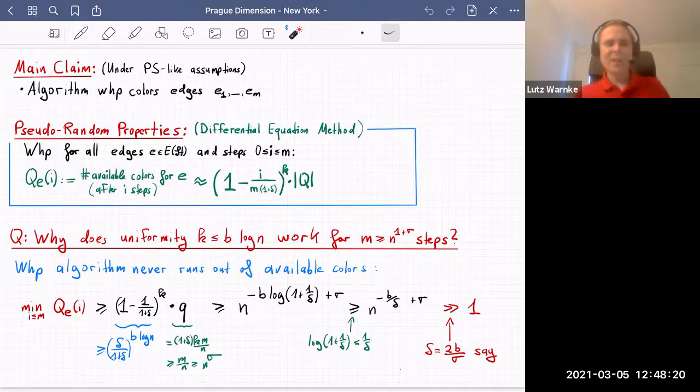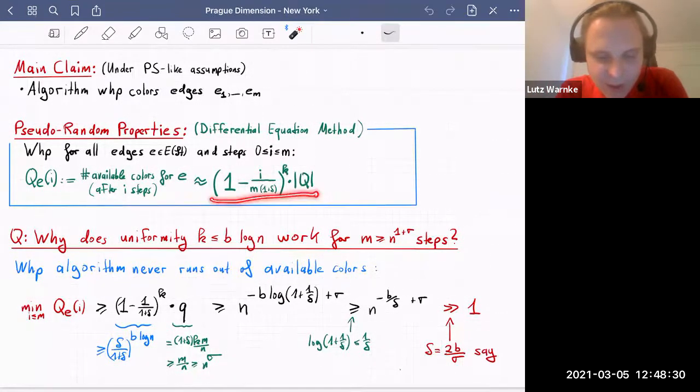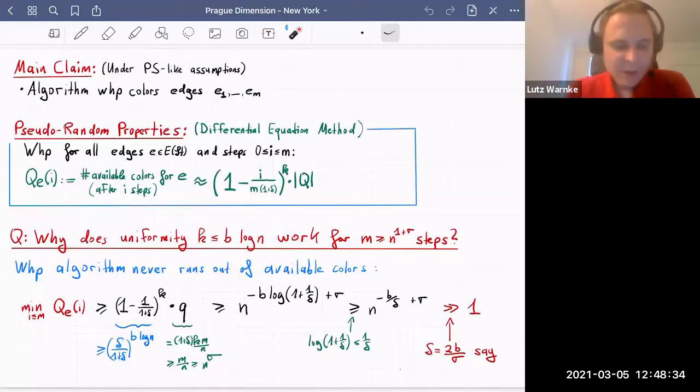So let me maybe just mention, for those of you in the audience who are interested, that you could ask the question: once you have this formula, now you can intuitively see why we can allow for so large edge sizes. Because if we look at this quantity here and we plug in that k is at most b times log n, then you'll see that throughout the behavior of this algorithm, this quantity here always is much bigger than 1.